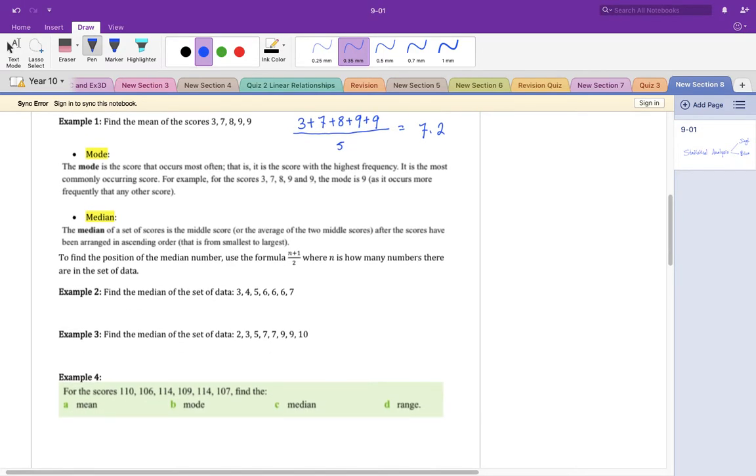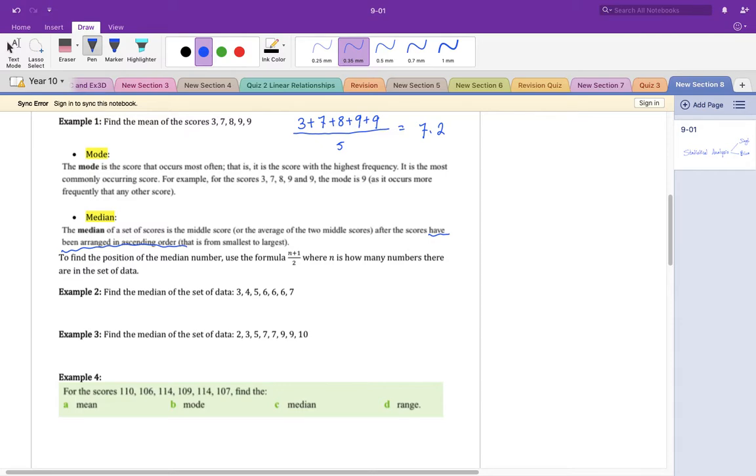And the median of a set of data is the middle score. That's on the basis of once you have arranged the scores into ascending order, you find the middle number, right? The formula for finding the position of the median is n plus 1 over 2. n stands for how many numbers there are in a set of data.